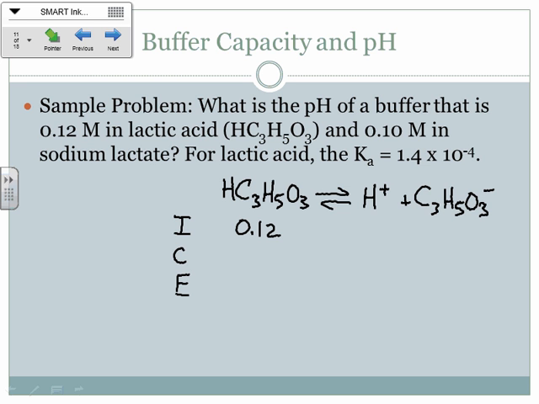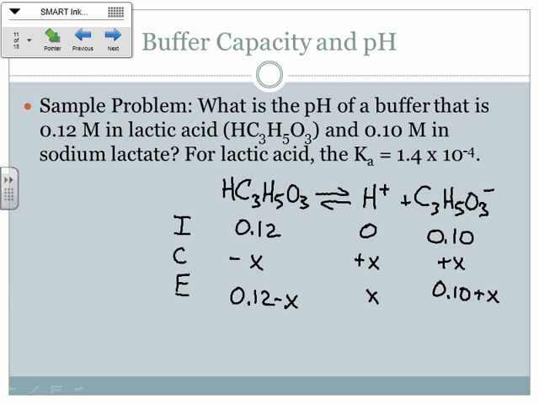The sodium lactate, which is going to be a 1-to-1 ratio, so the concentration of sodium lactate is the same as the concentration of the lactate itself, is 0.1. And then our initial concentration of H plus we can assume is 0, because we haven't dumped any H plus in there. All right? So then you do your minus X, plus X, plus X, 0.12 minus X, 0.10 plus X.